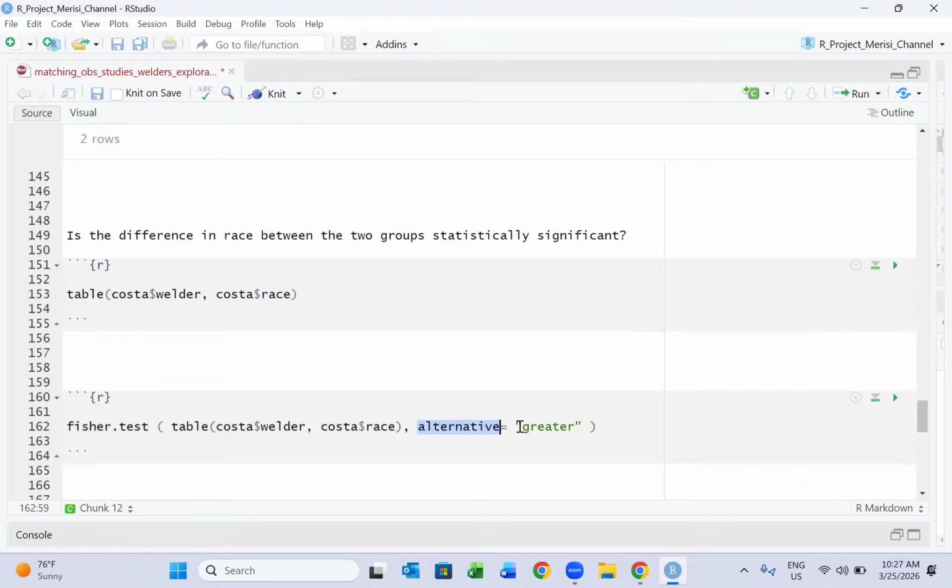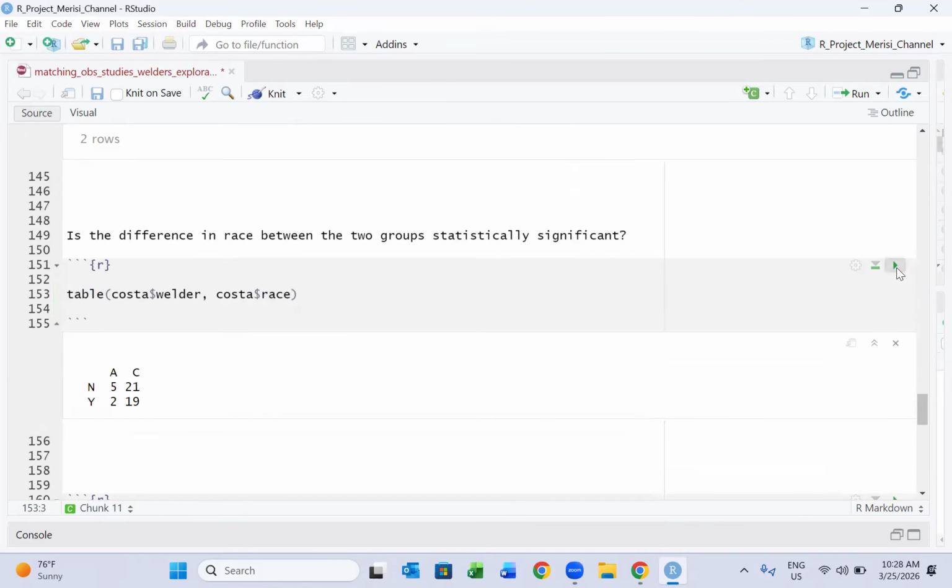Now, to understand why I used alternative greater, we should take a look at the frequency table for the welder and race column. That's what I'm trying to do here with the table function. Okay.